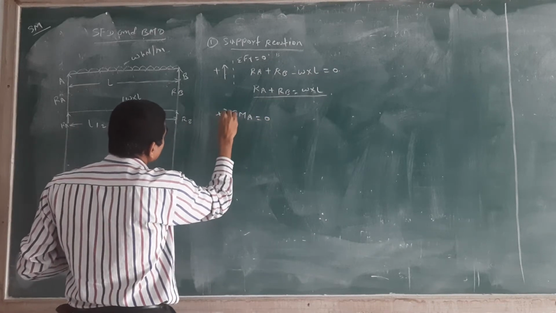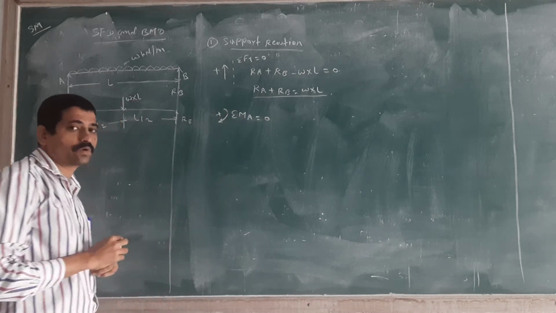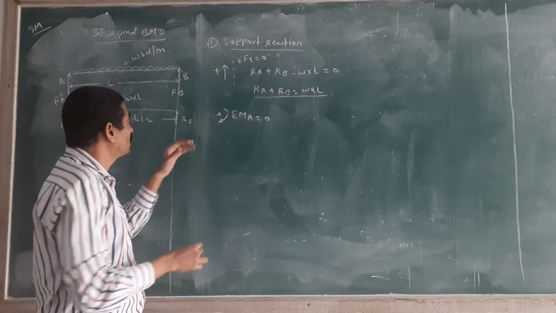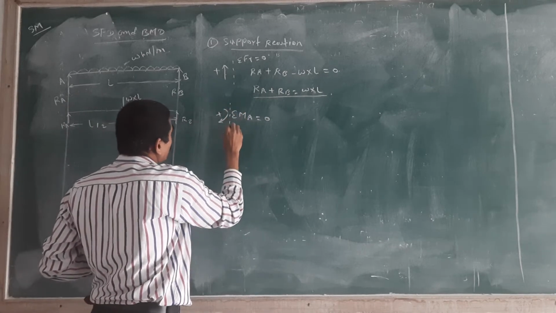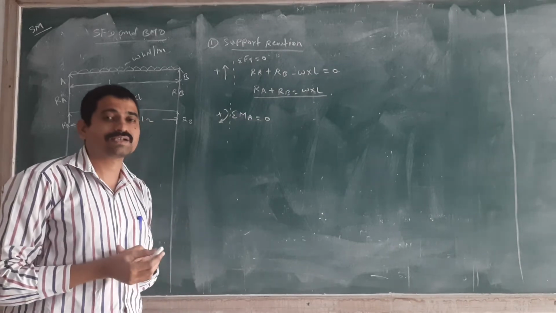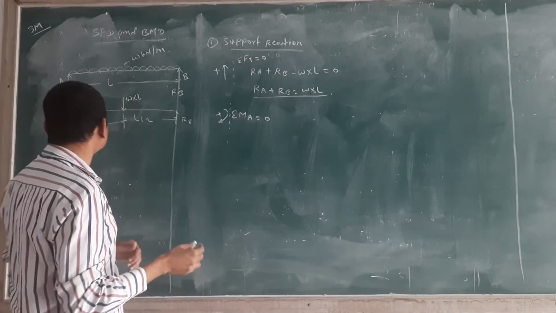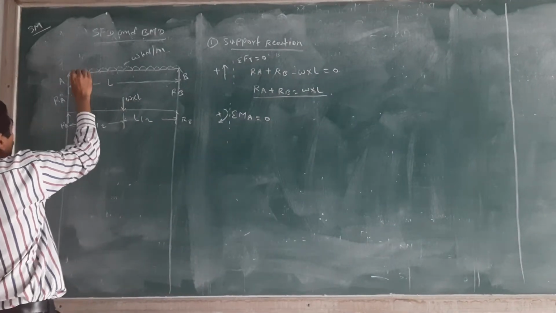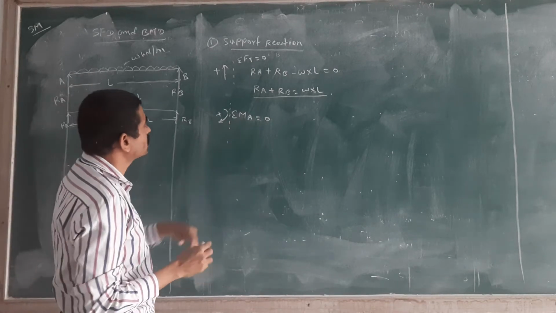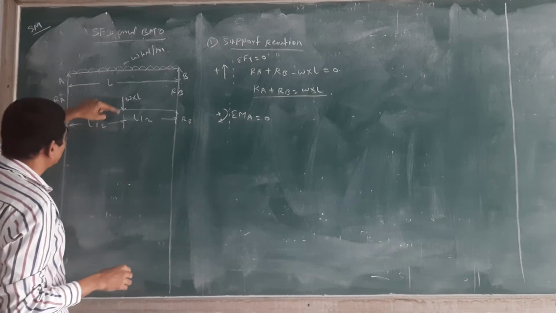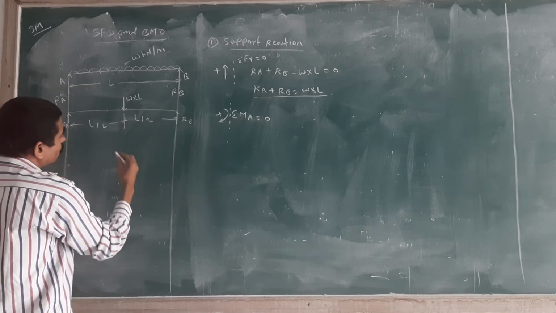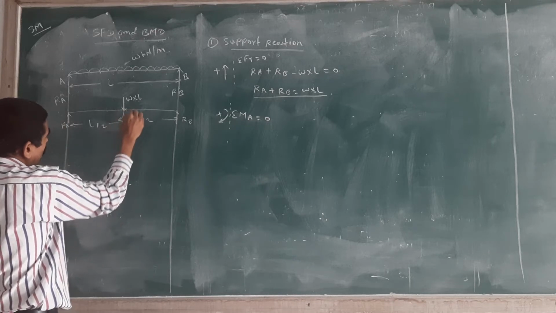You have to consider clockwise as positive. We have seen sagging and hogging also. If on the left side of the section the moment is going in the clockwise direction, then we consider it positive. Here we consider summation of MA equal to 0. Going from right to left, this is going in the clockwise direction.